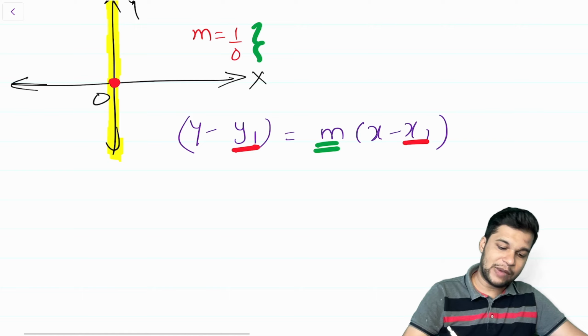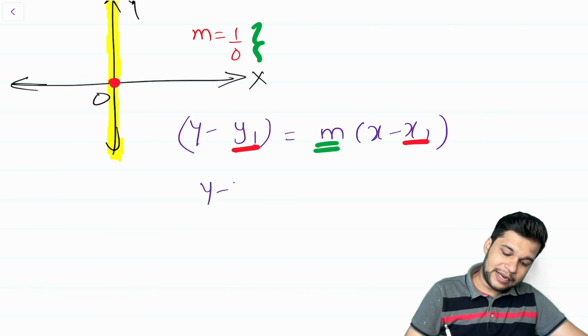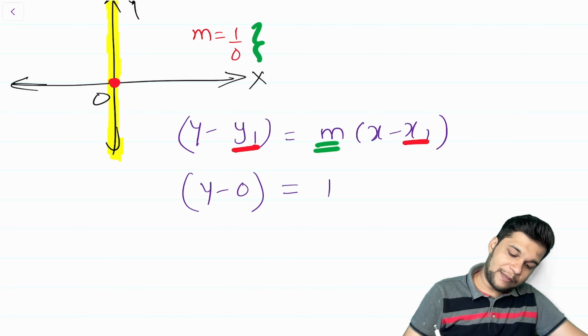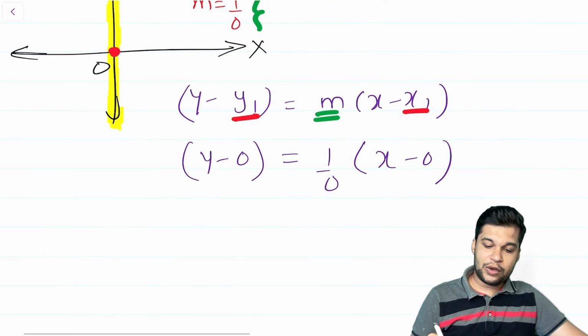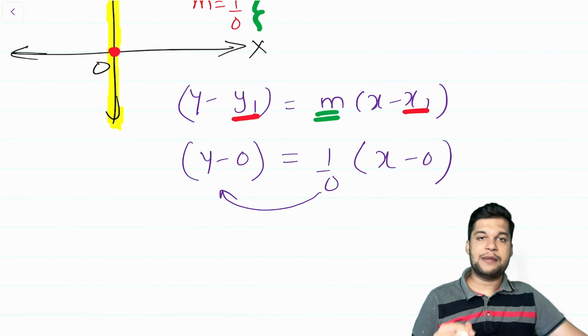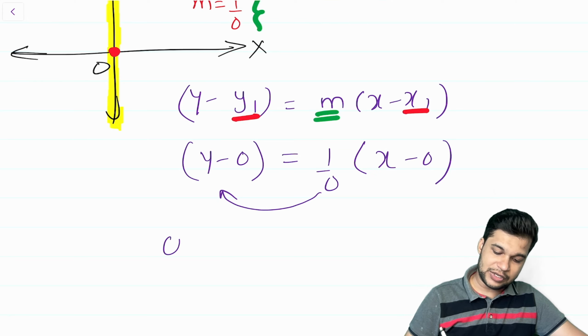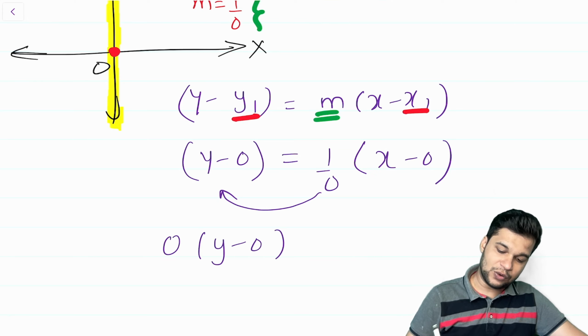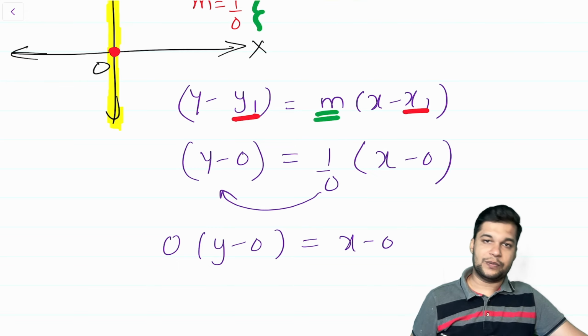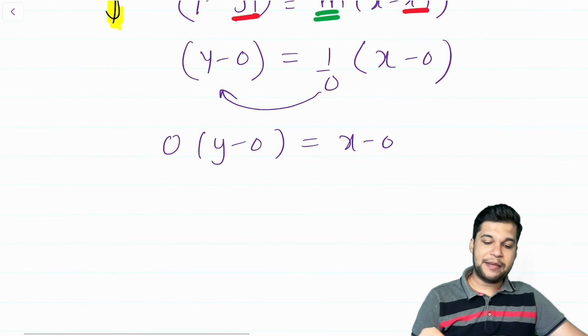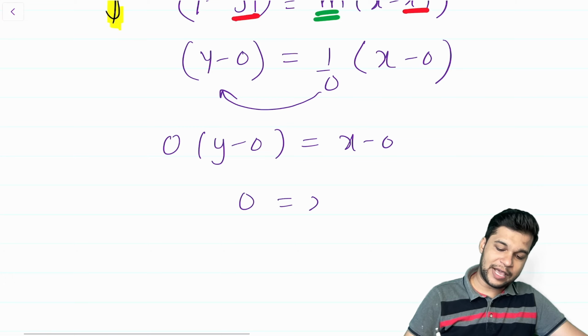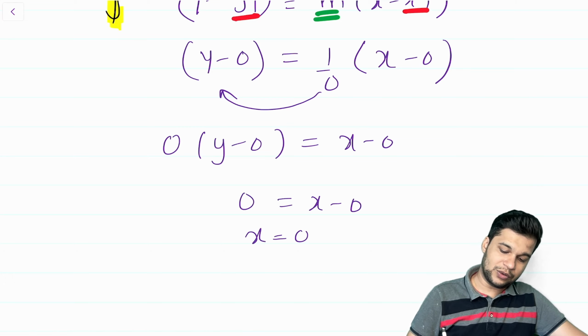So I'll plug these values in. So y minus 0 equal to 1 upon 0 times x minus 0. Now can I shift the 0 to the other side and multiply it? So it becomes 0 times y minus 0 equal to x minus 0. 0 times anything is 0, so 0 equal to x minus 0, so x equal to 0.